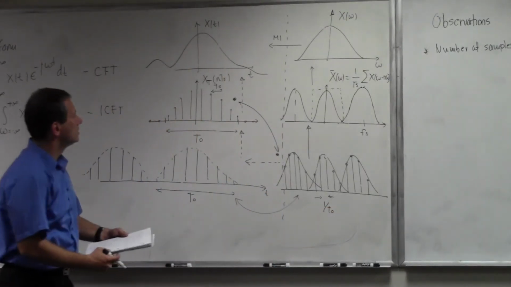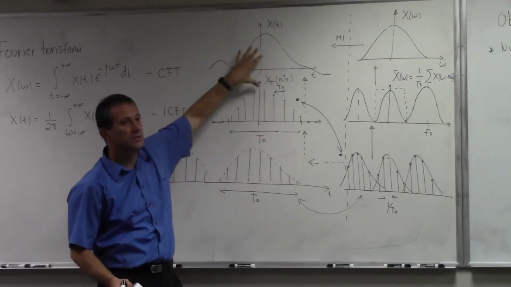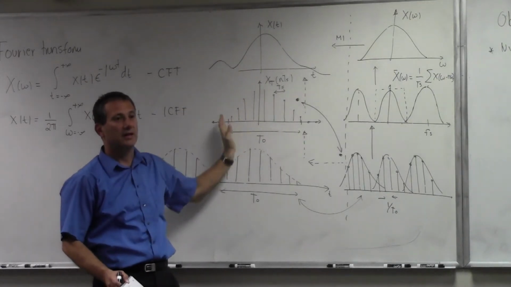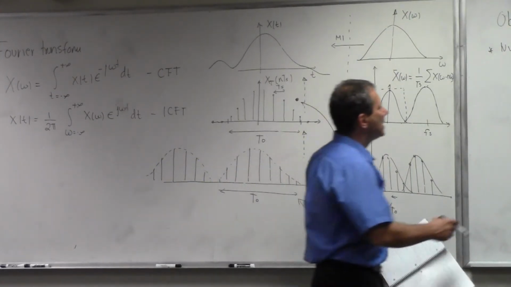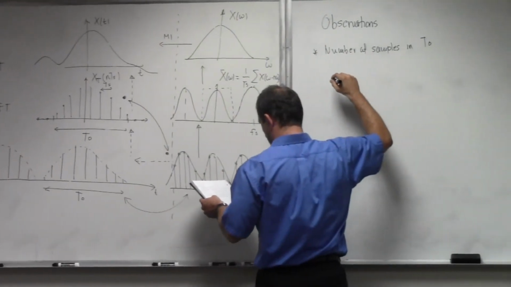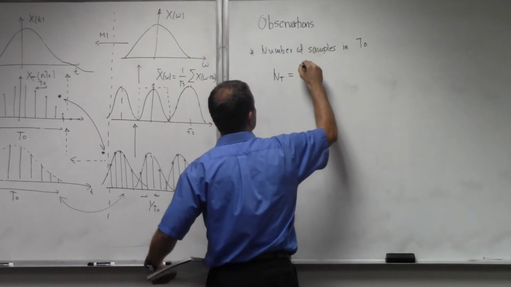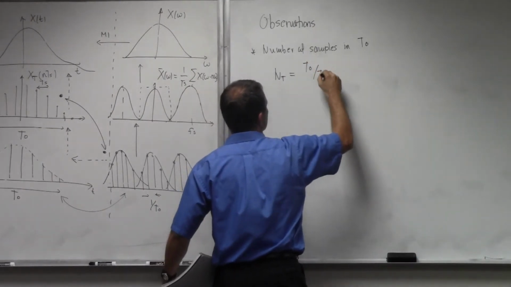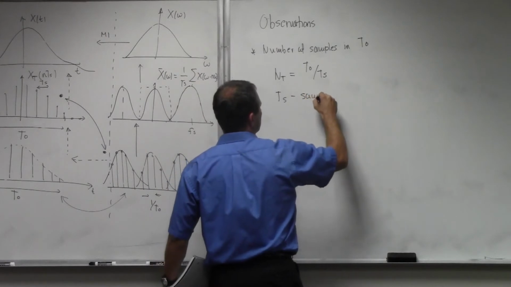I think in the rest of the notes this is called T0. What is T0? T0 is the portion of this x of t that we cut and then perform the periodic extension. So the number of samples in T0, I'm going to call that nt, and this is obviously T0 over Ts. Ts is our sampling interval.